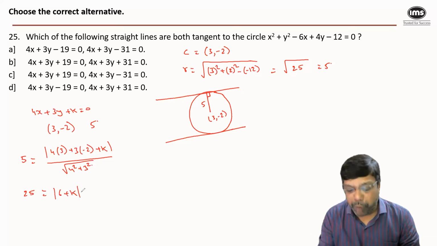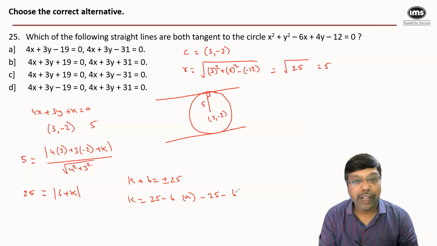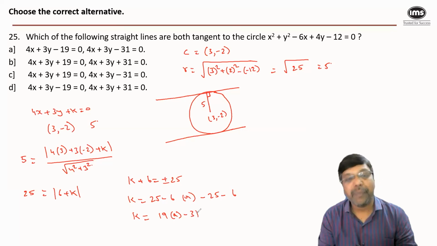So if I remove the modulus, I get k plus 6 is equal to plus or minus 25. So k is equal to 25 minus 6 or minus 25 minus 6. So the value of k is equal to 19 or minus 31.